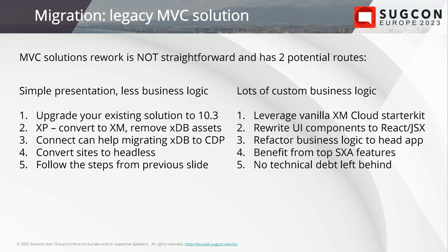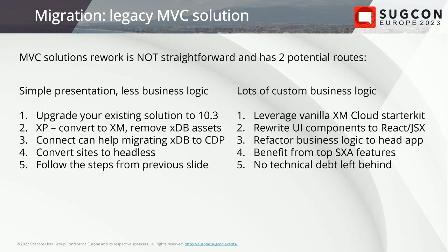When it comes to an MVC solution, this is not as straightforward, and we now have two potential routes. If your MVC solution has very simple presentation and less business logic, what you can do is upgrade your existing solution to version 10.3 of the platform. If that was XP, then you convert to XM.